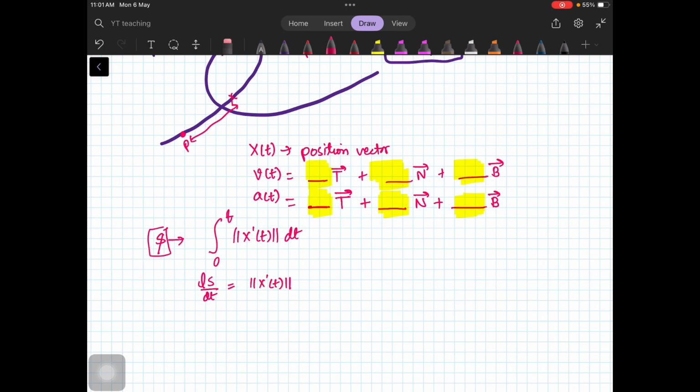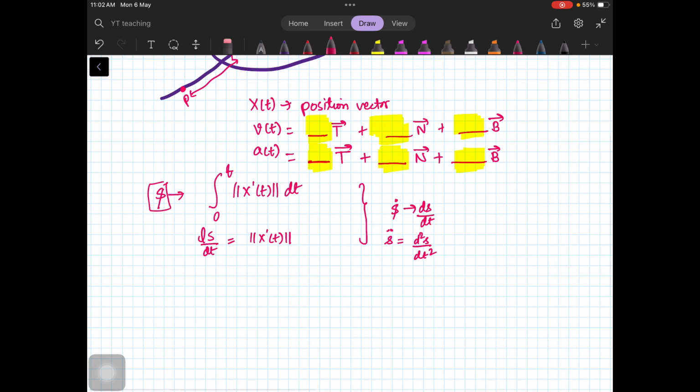For simplicity here we'll denote ds by dt with s dot and d2s by dt2 with s double dot.